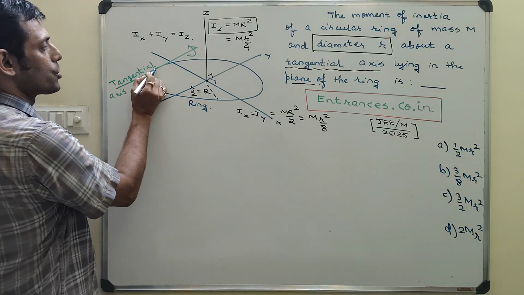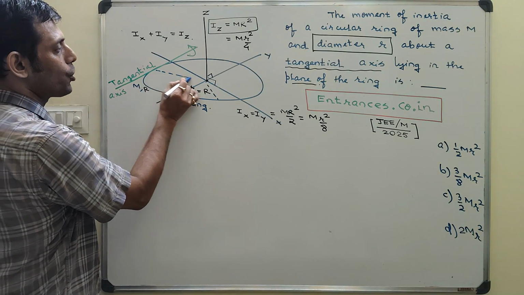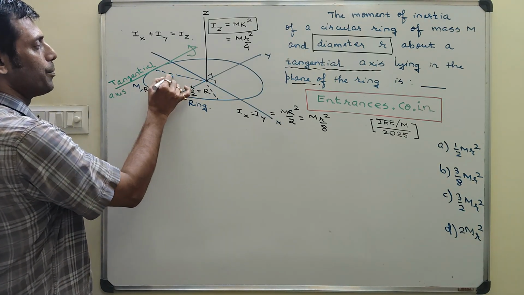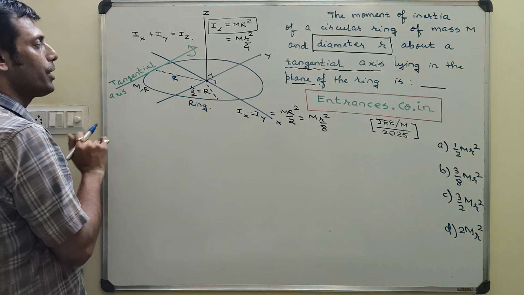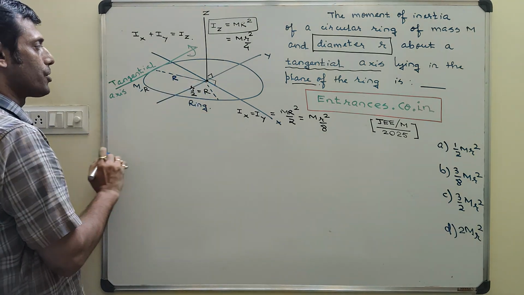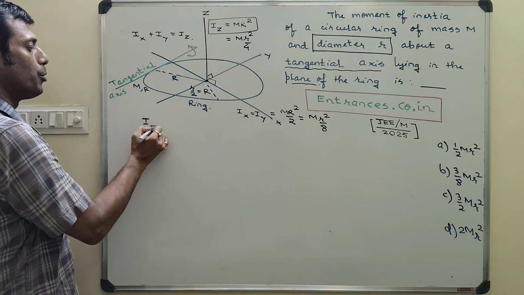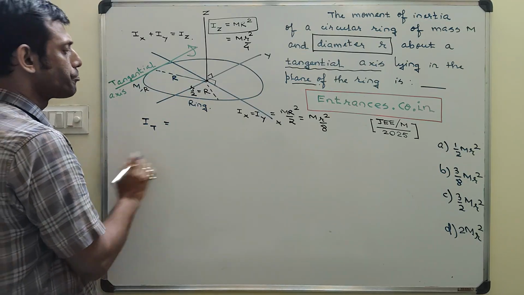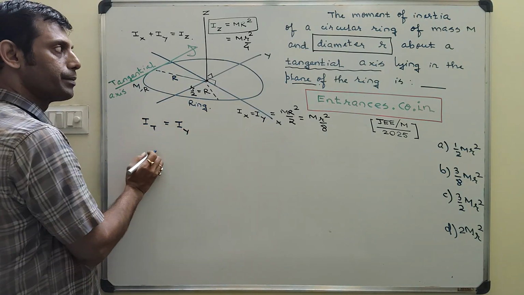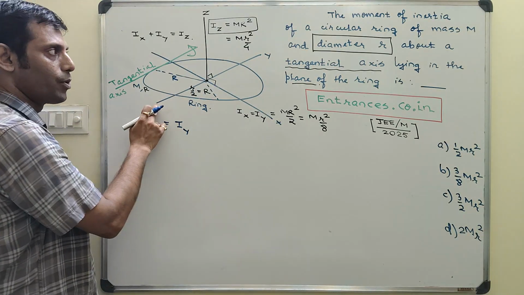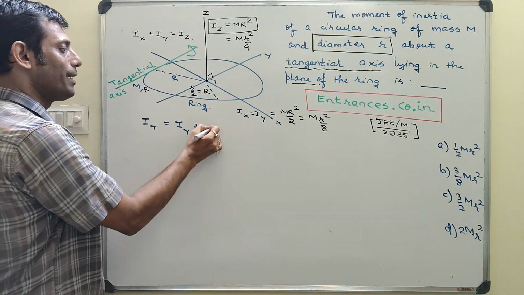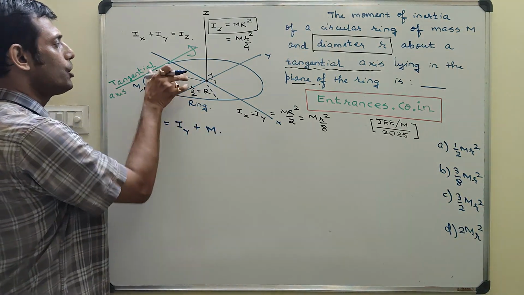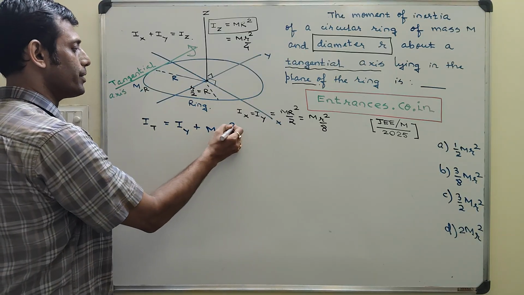That means the shortest distance between them, being the radius, is equal to r by 2, into the entire mass. That means It, the moment of inertia about the tangential axis, would be equal to Iy, the moment of inertia about the y-axis, plus the entire mass of the body into the shortest distance squared.